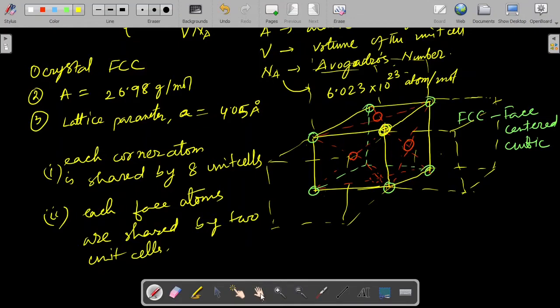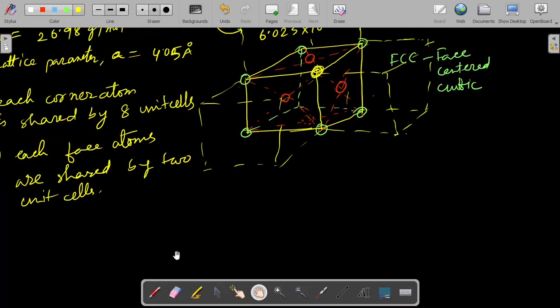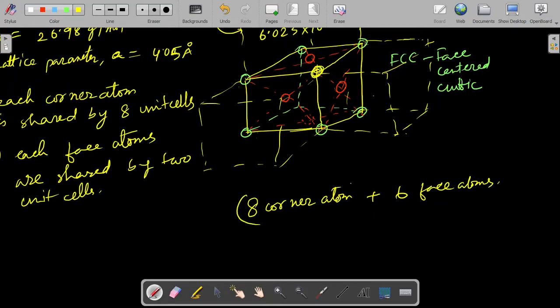So in this way, how many atoms are there in this unit cell? 8 corner atoms plus 6 face atoms. But these 8 corner atoms are shared by 8 unit cells.